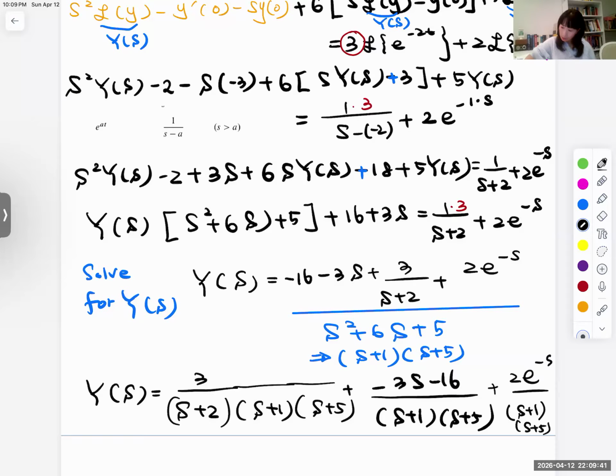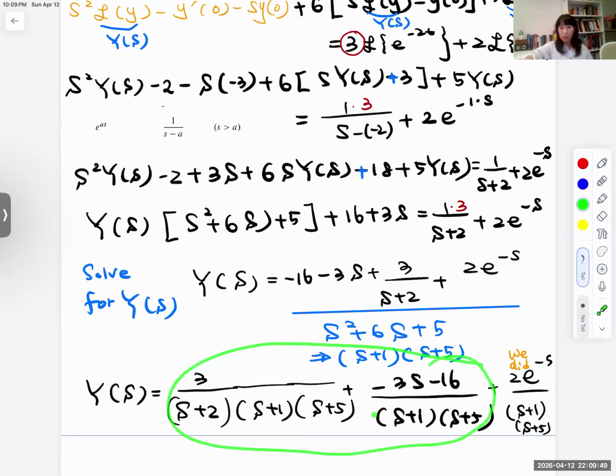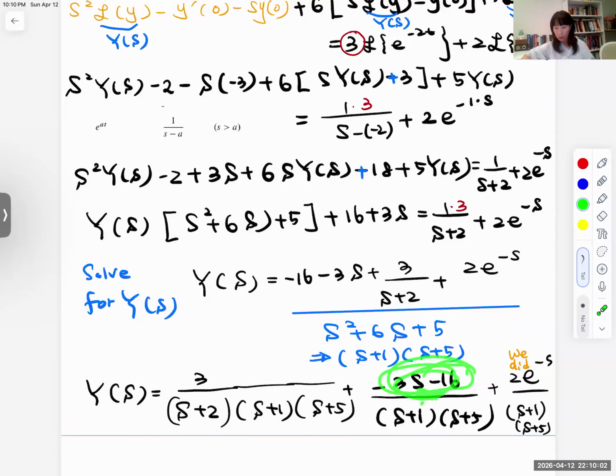So this one we did that, right? We did. So now we are working on two terms. I make it one term for this one so that we can process quickly. If we do one by one, it takes more time.